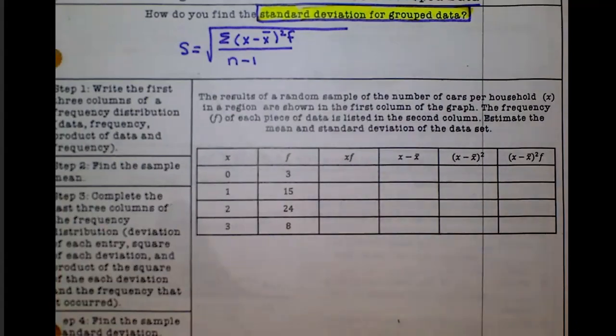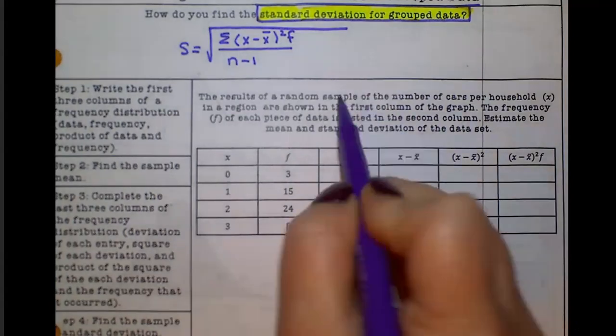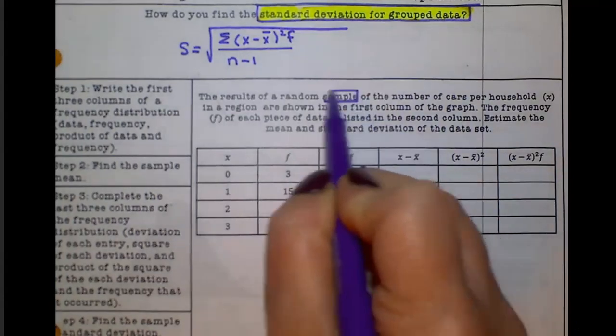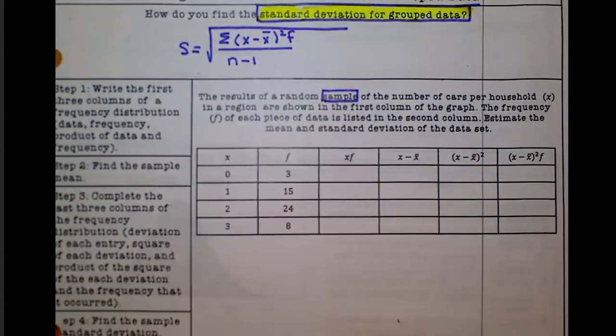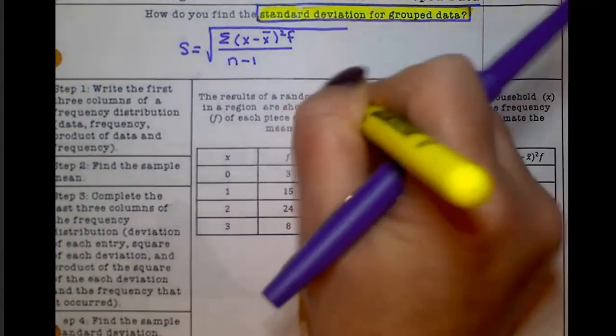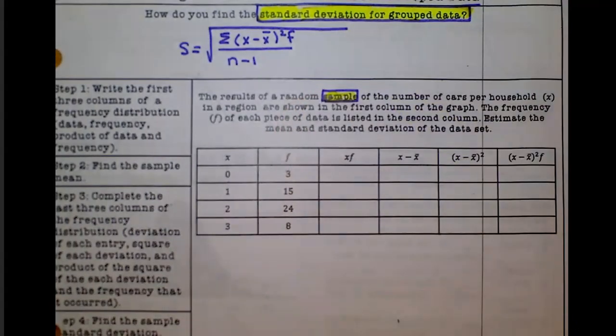Okay, you're going to use this formula for your grouped data, okay? Now, when you use this formula, I want to explain to you kind of what's going on with this table. Rather than listing this out for this sample, they're telling you how many times it occurred.